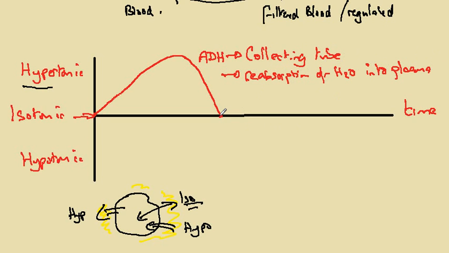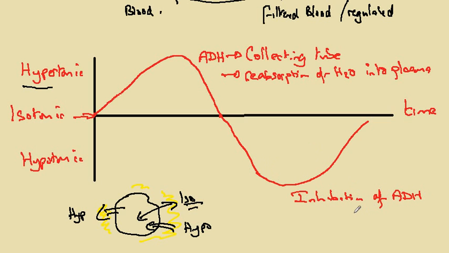It may be the input to the hypothalamus is a more dilute blood level, so it would be falling on the graph here like this, and it's therefore necessary for the hypothalamus to respond and bring the blood back up to the isotonic conditions. And this is achieved by the inhibition of ADH hormone from the hypothalamus to the kidney nephron.